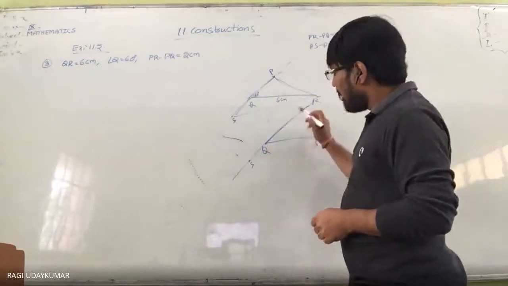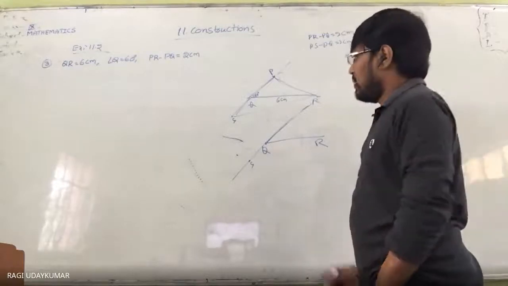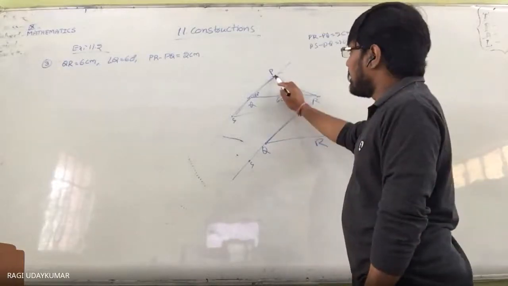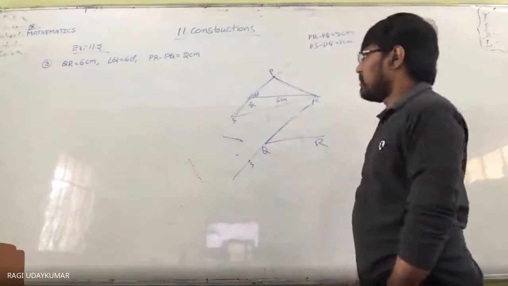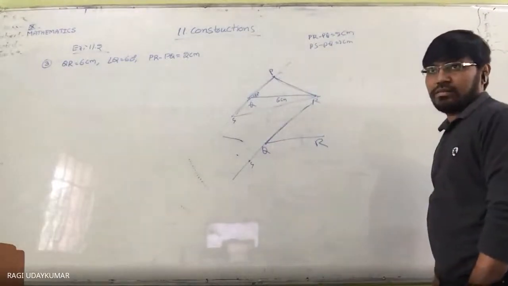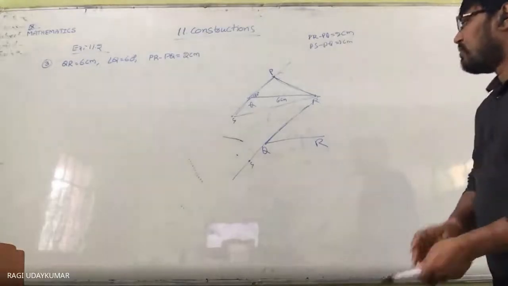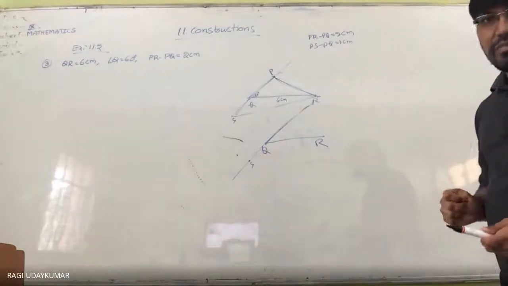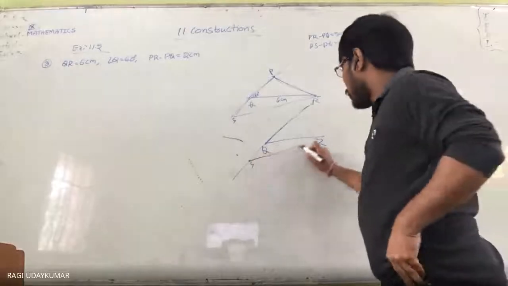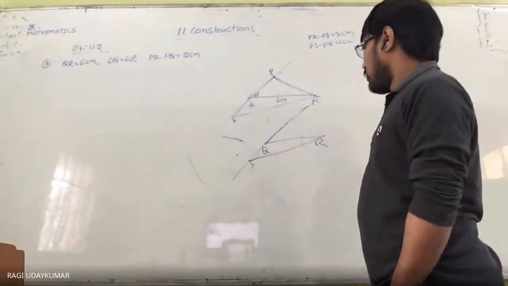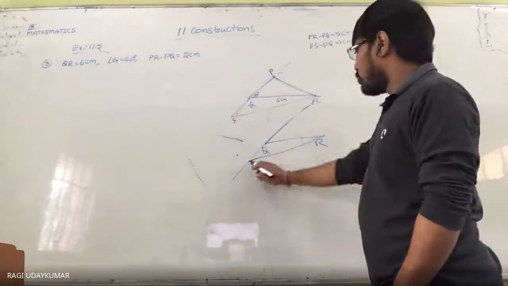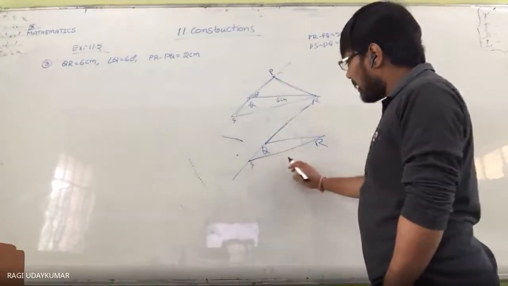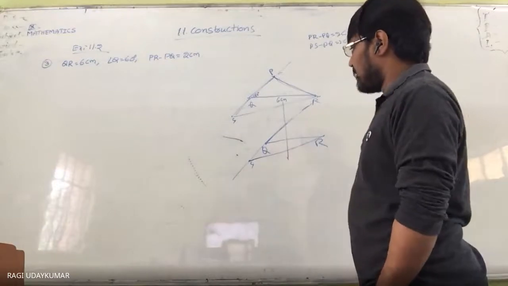Now, if you want to find the point P, see here, whenever you take this length and this length to be equal, that is nothing but if you join S to R. So join S to R. After joining S to R, draw the perpendicular bisector of SR like this.